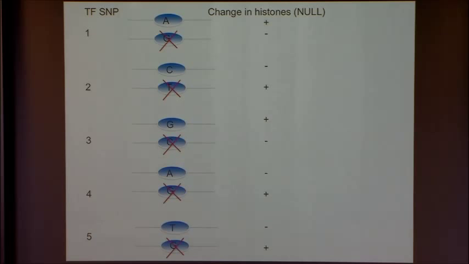So under the null hypothesis, if we look, for example, at histone marking in the neighborhood of these transcription factors, if binding of the transcription factor is not causal of histone marking, then we should see that if there's any change at all in histone marking across genotypes, the direction should be random. So on average, there should be a zero effect on histone marking.